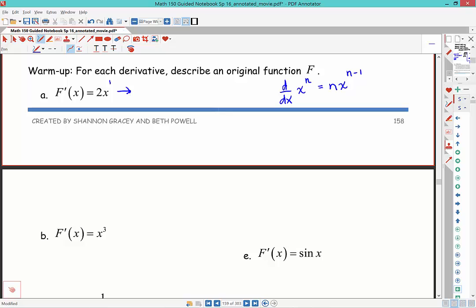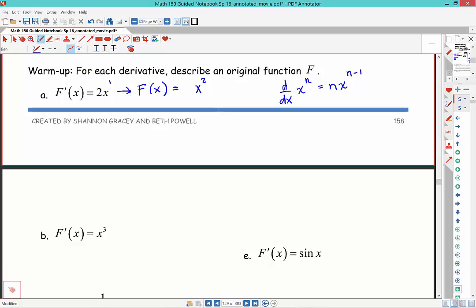good, call it capital F of x without the prime, you would have had to have an x squared for sure. Now, you've got that 2 in front there, right? So let's check it out. If you differentiated both sides with respect to x, what would happen? You'd get capital F prime of x is 2x.